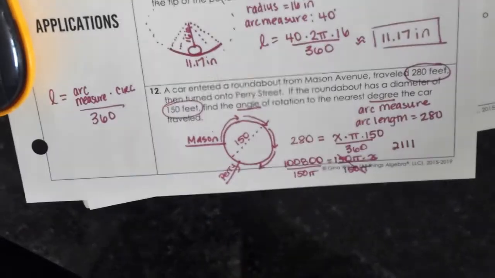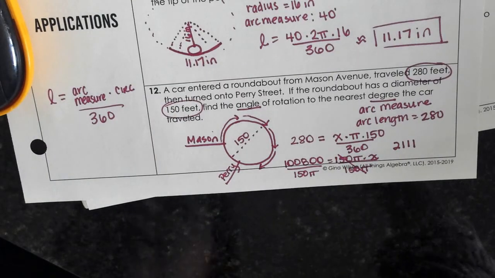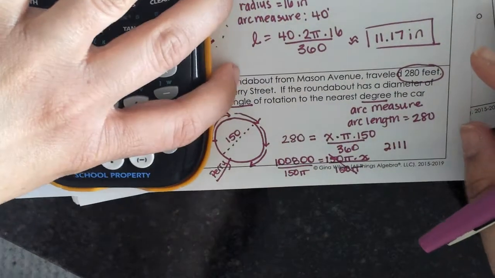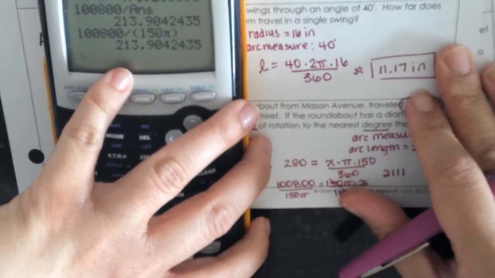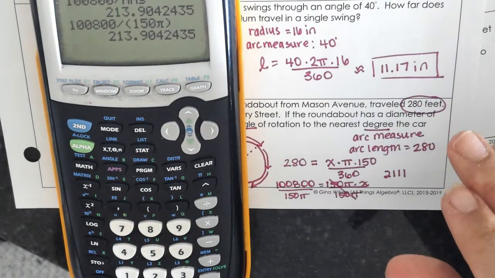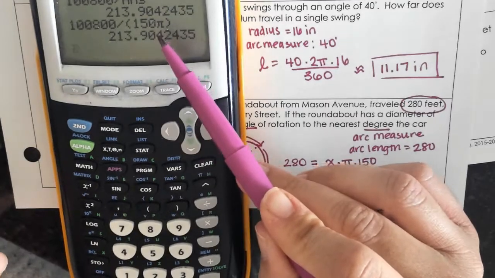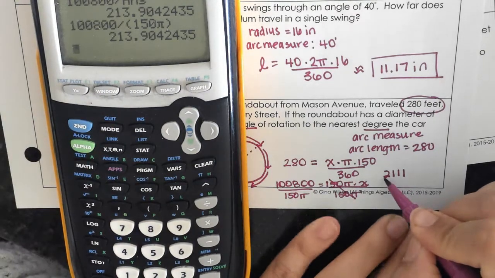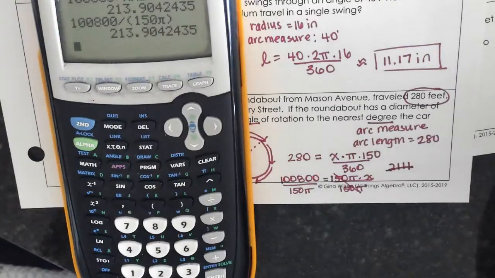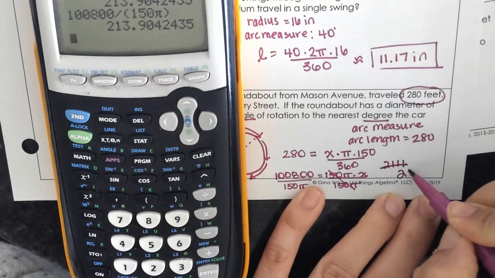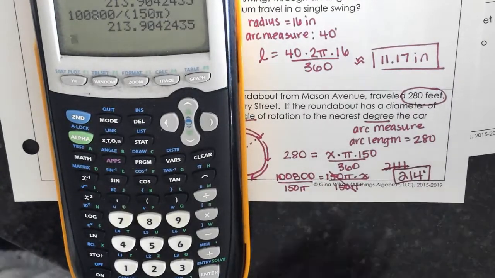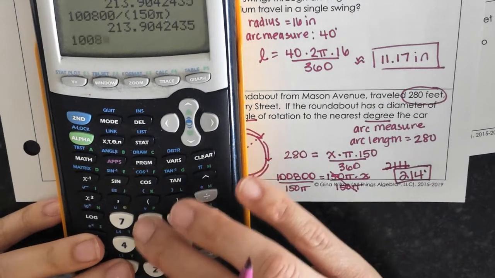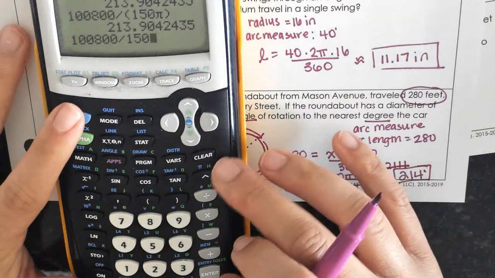Okay, I actually had to pause because this didn't make any sense to me, and then I realized I did not use parentheses in my calculator. 100,800 divided by the quantity 150 pi means I actually get about 214. 2,111 degrees is a lot of degrees. It does not make sense. 214 degrees. Just remember, if you do this in your calculator without parentheses, this is what's going to happen.